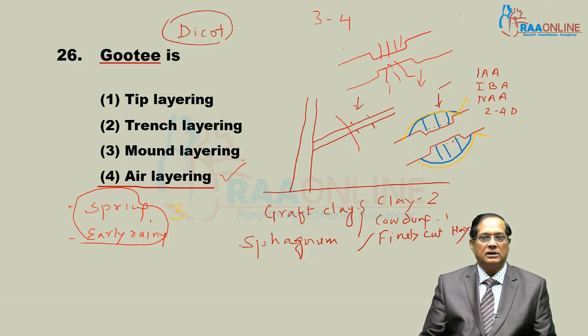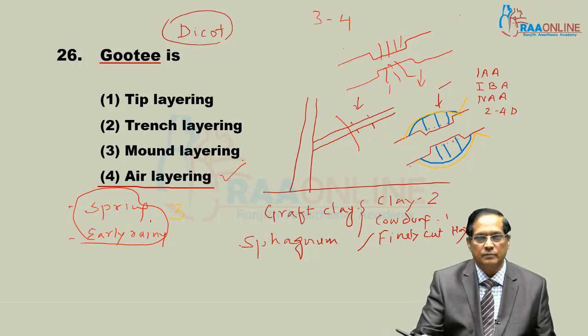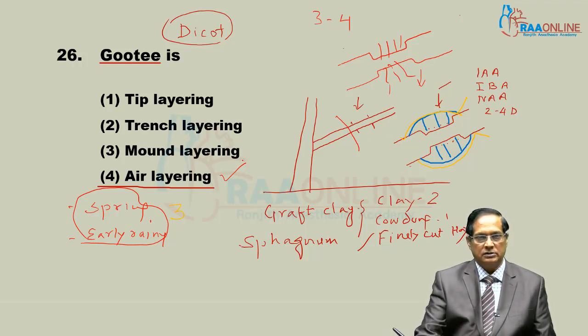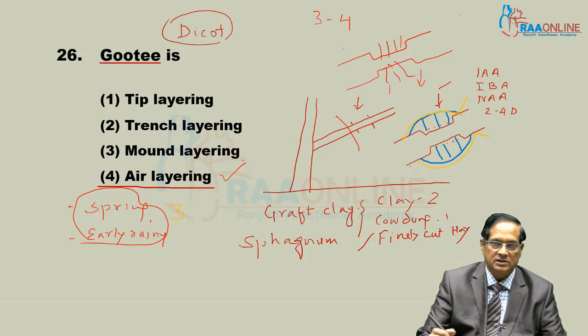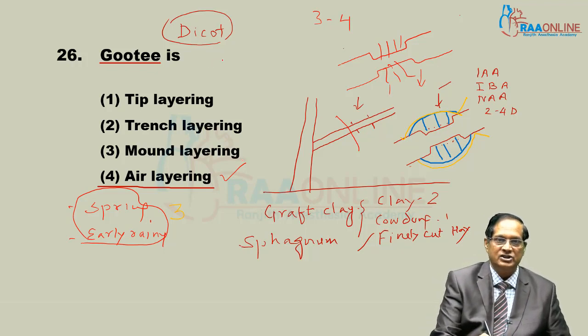So this is the method of artificial vegetative propagation, and that is Guti. Lychee and pomegranate are good examples for this process.